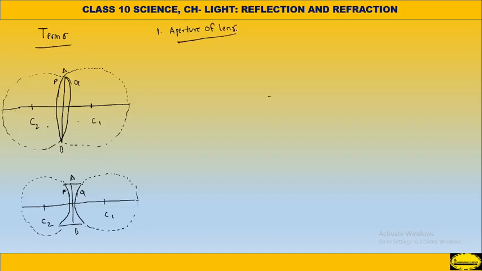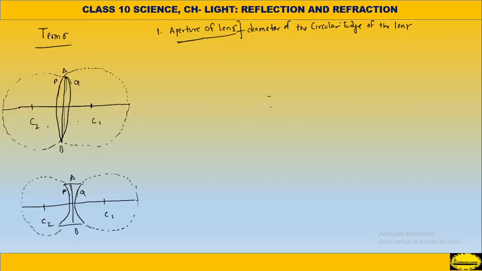It is the diameter of the circular edge of the lens. So, what is the aperture of the lens? This diameter AB is the aperture of the lens.